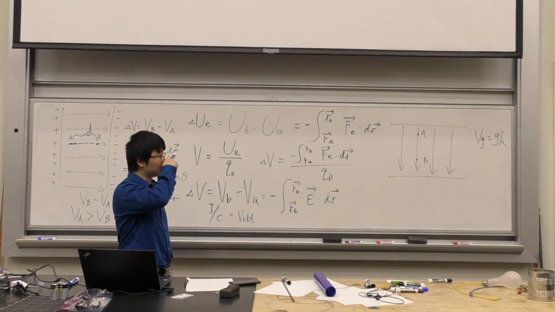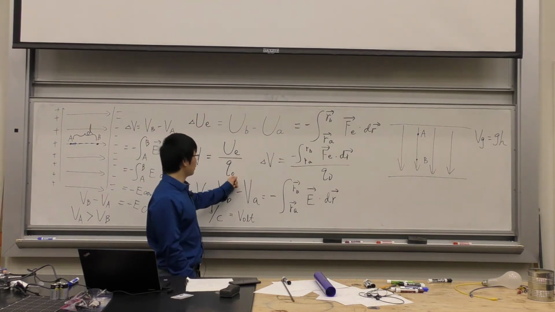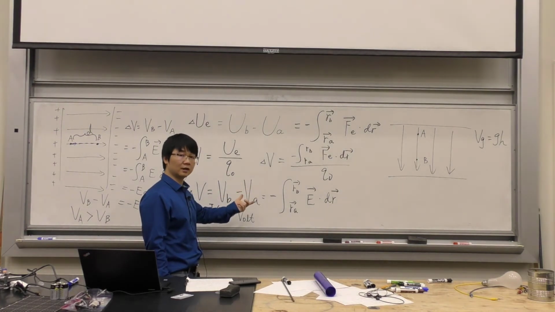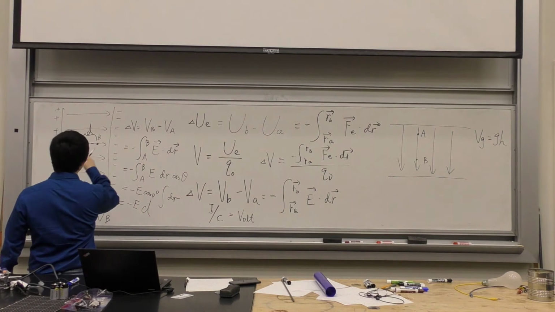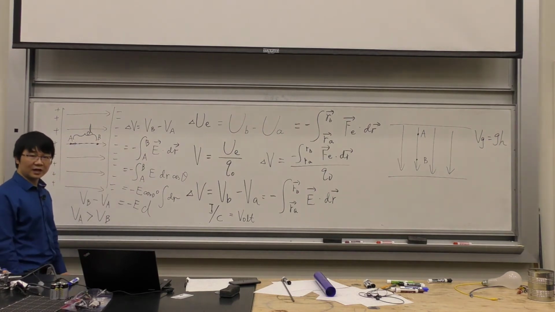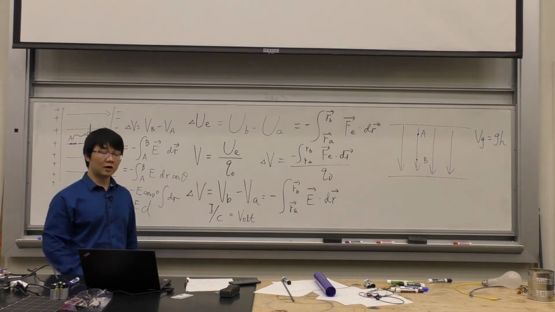But it's only true for potential, not for potential energy, because we're going to see this Q0 can be positive or negative. It can reverse the sign. So this conclusion is only true for potential. In the direction of the electric field lines, potential always goes down, or vice versa.